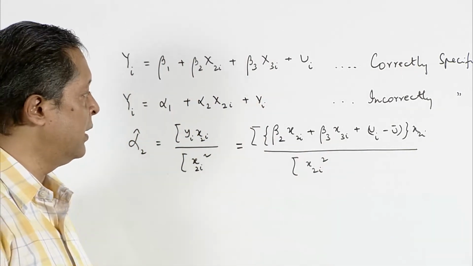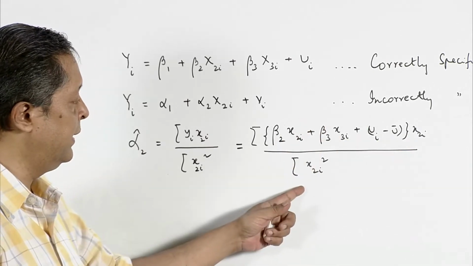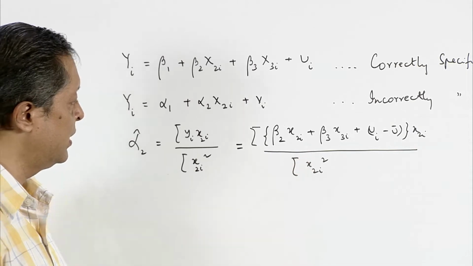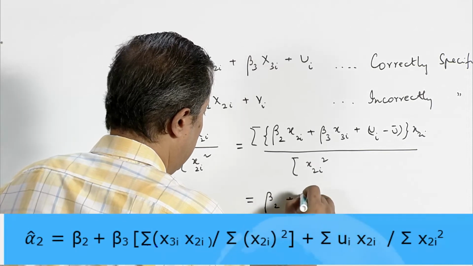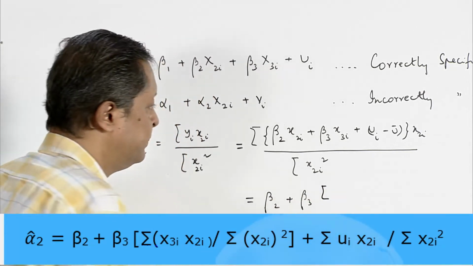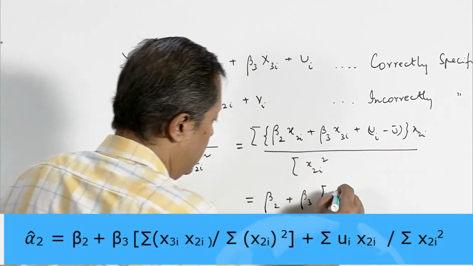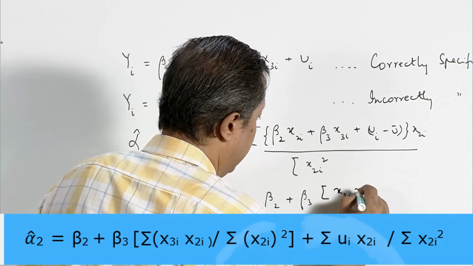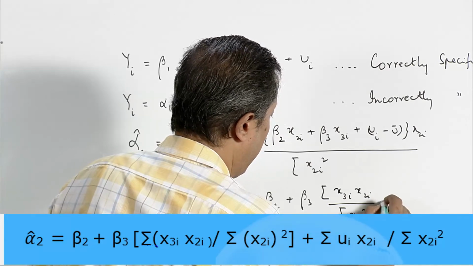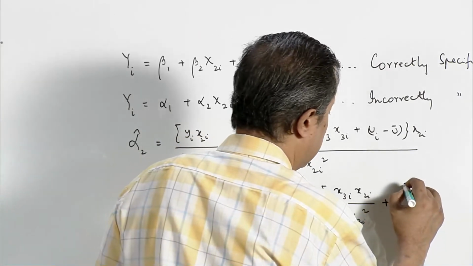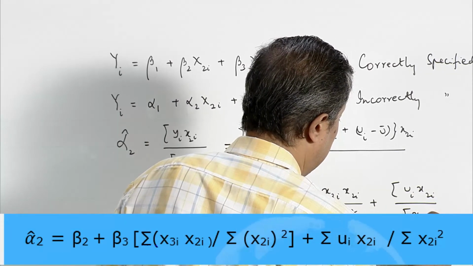Expanding the numerator, we will have beta 2 times summation x2i square, which will get cancelled with the summation x2i square in the denominator. So, that will give us beta 2 plus beta 3 times summation x3i x2i divided by summation x2i square, plus summation u_i x2i divided by summation x2i square.